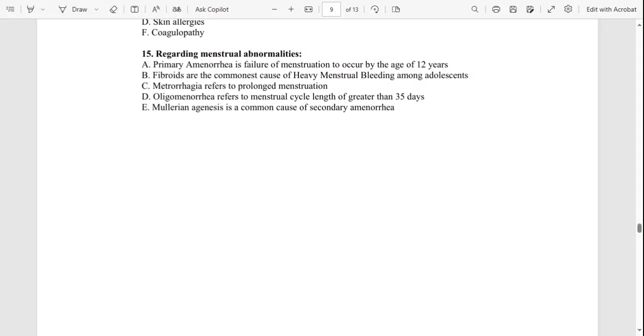Metrorrhagia refers to prolonged menstruation. Oligomenorrhea refers to menstrual cycle length of greater than 35 days. Mullerian agenesis is a common cause of secondary amenorrhea. Any thought on this one?